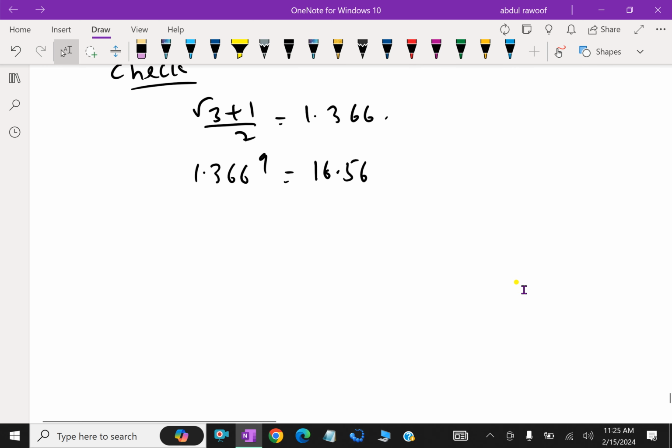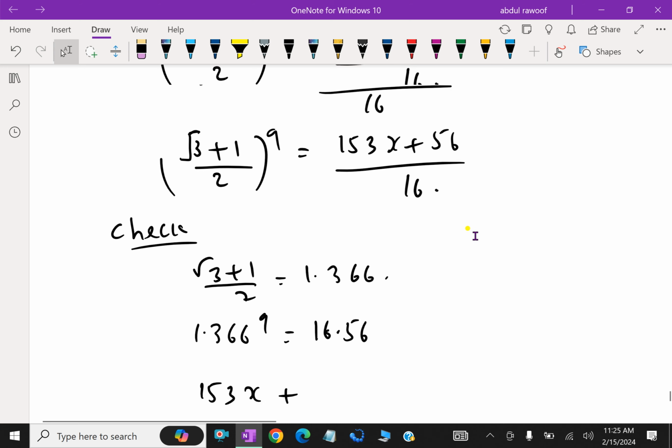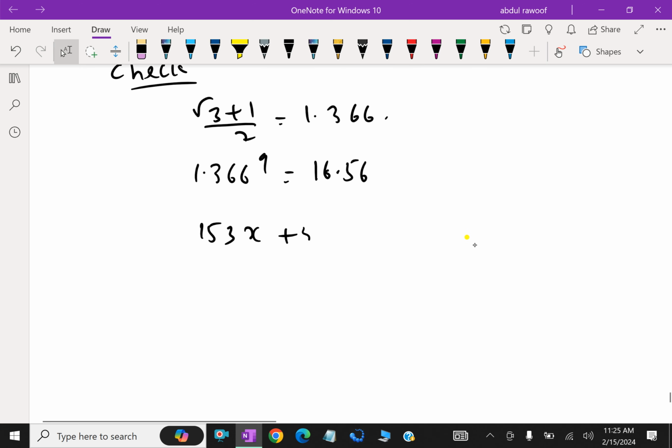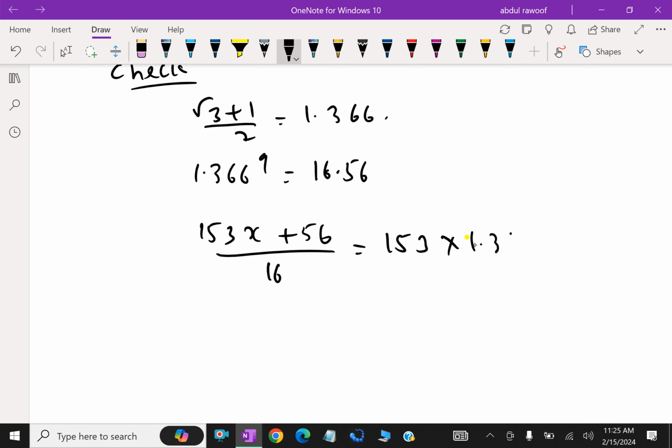By using this expression, (153x plus 56) over 16 equal (153 into 1.366 plus 56) over 16.